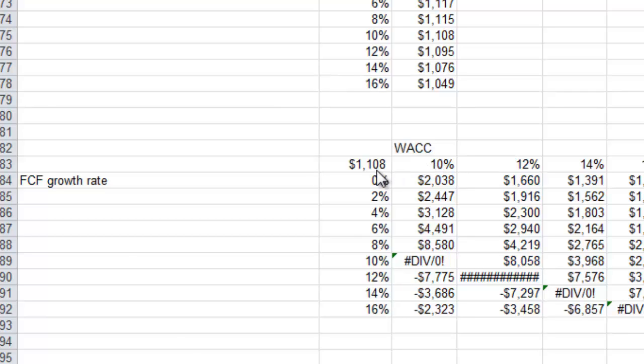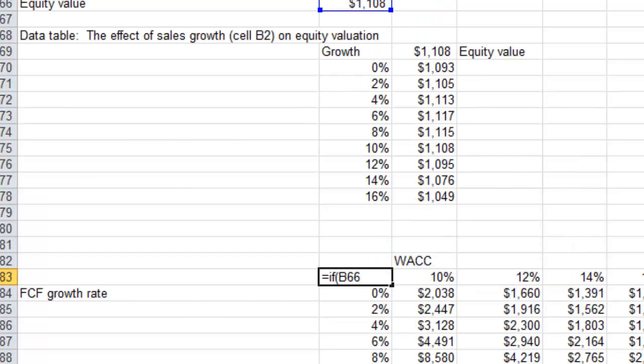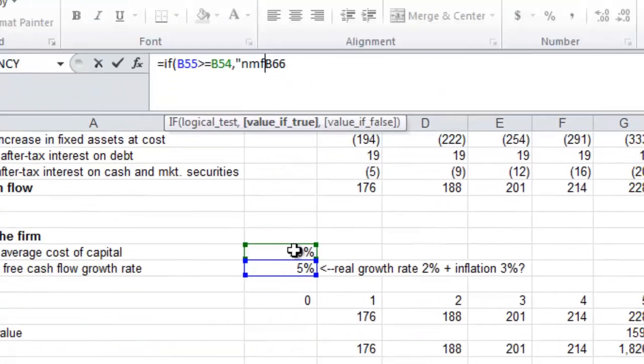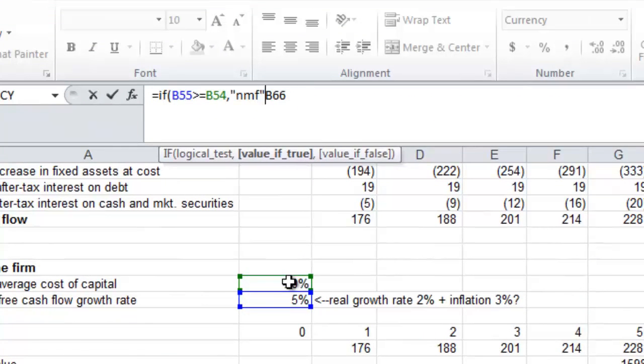And so we really don't want to calculate it in that case, and so we can go up to the results cell and put an if statement in: if the free cash flow growth rate in B55 is greater than or equal to the weighted average cost of capital, then we'll just put in NMF for not meaningful, and otherwise show the result.